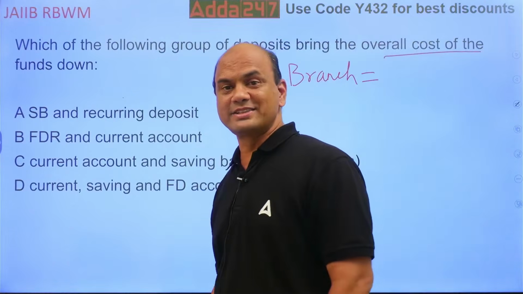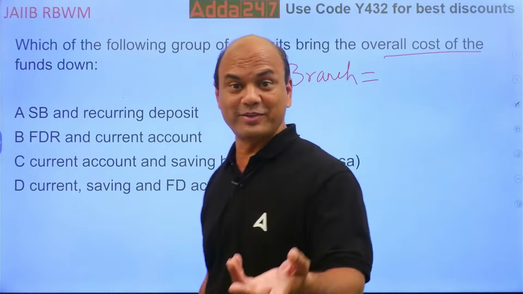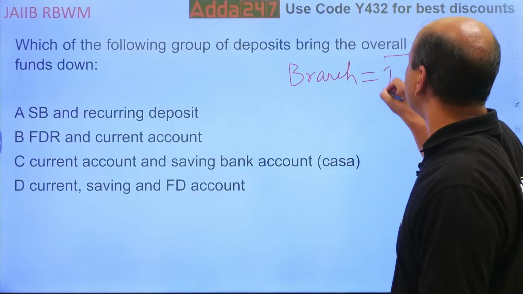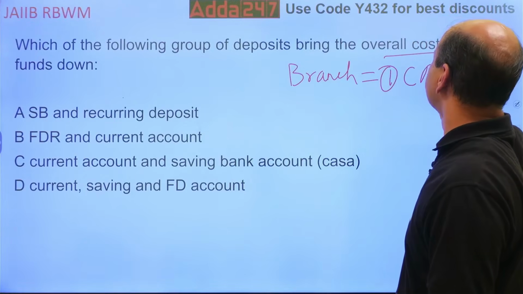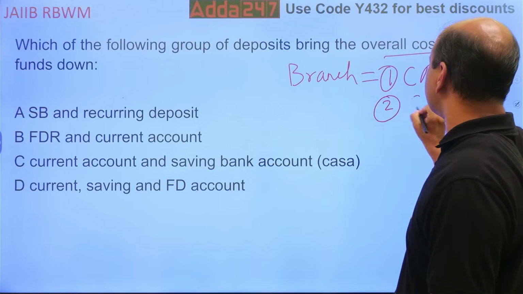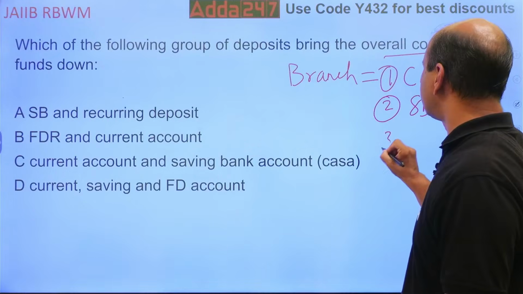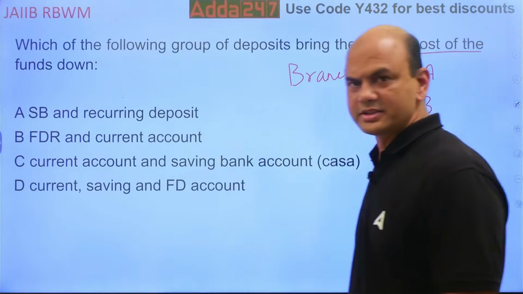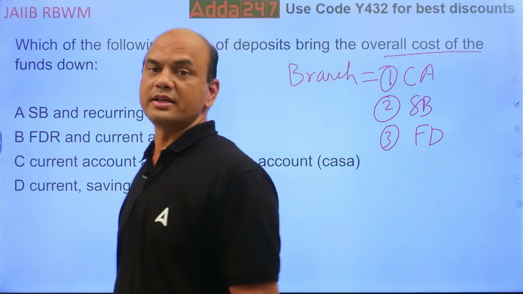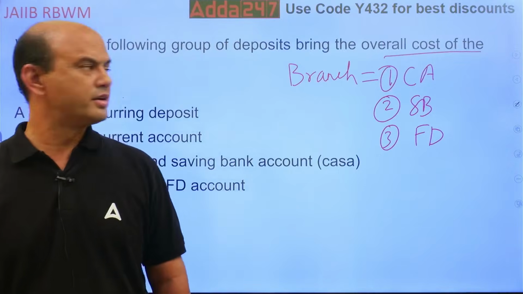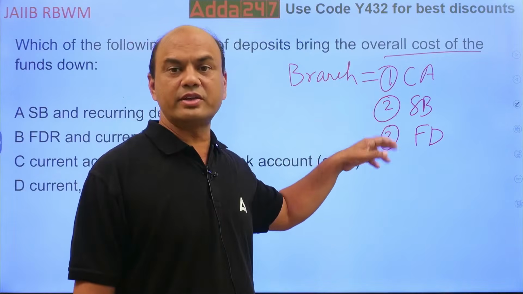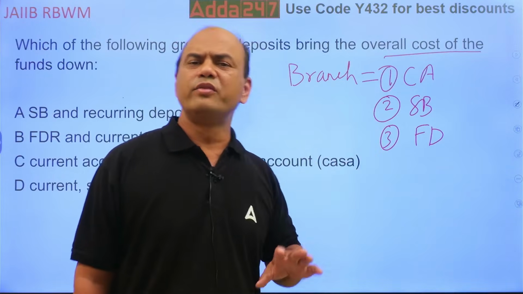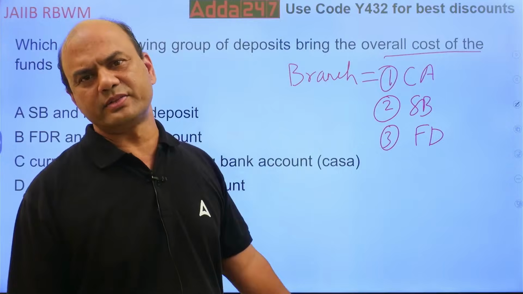Some of you will say savings, but savings I have to give interest, isn't it? Current is number 1. I'll always like current account. Second, savings account. And third, I'll require FD, because FD has higher cost. Got it? So, current account, then saving. Even savings is a bit higher, but then also we can group these two, current and savings.